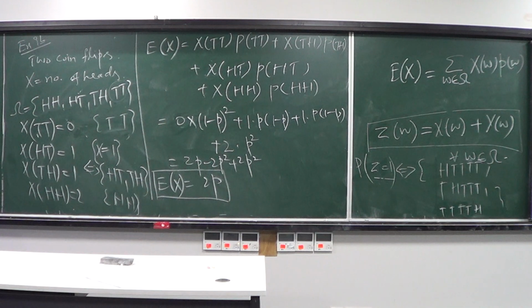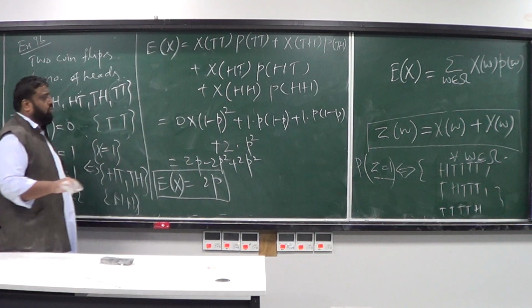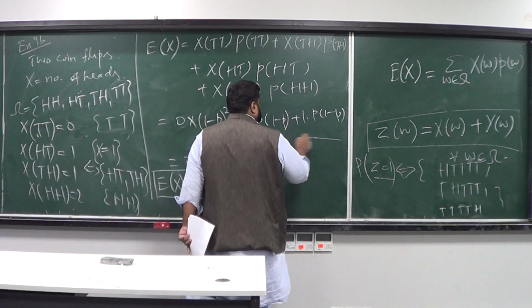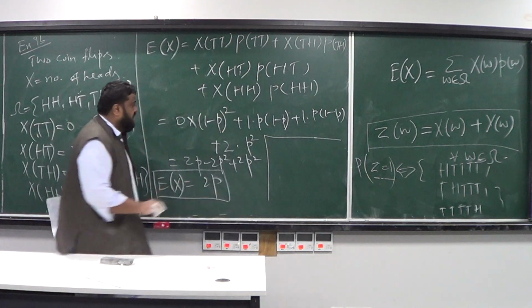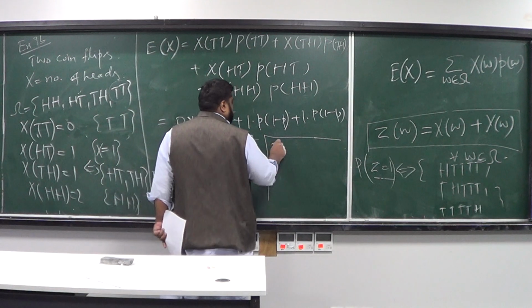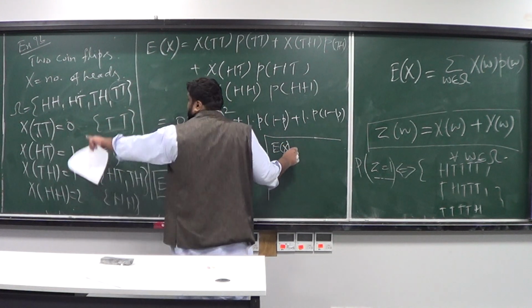And if you try to calculate the expectation of X through numbers, what would be the expectation of X? It takes the values 0, 1, 2.